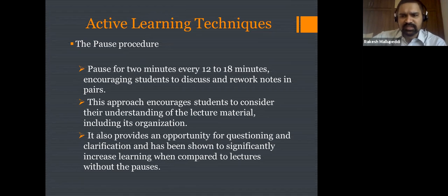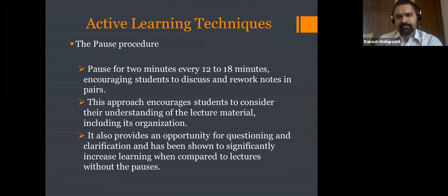You can ask students what they have understood, or what they discussed between their own peers. And it improves their learning, it improves their understanding of the subject. It also gives you an understanding of where they are. So it's instant reflection for the students of what they have just listened to.